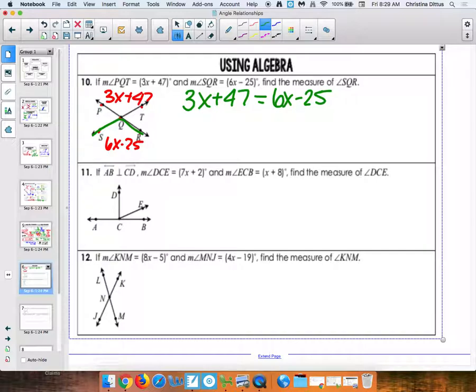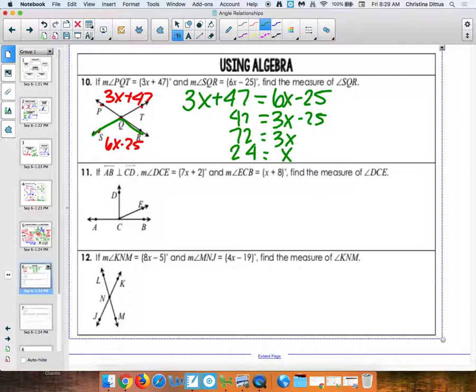Solve for x, subtract 3x. Add 25, and what do I get? 72. How much is x? 24. So plug it in.